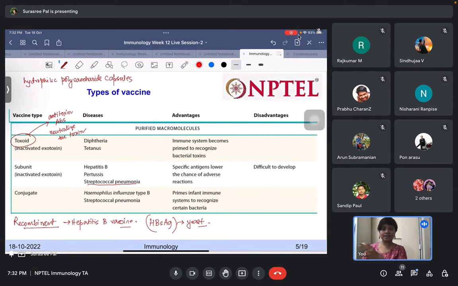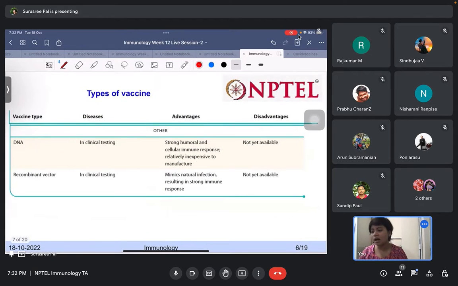So in these types of vaccines we are discussing the subunit vaccines or the purified macromolecules, which is very different from the whole organisms that we were discussing previously. Now coming to the other experimental types of vaccines: the DNA vaccines and the recombinant vector vaccines.